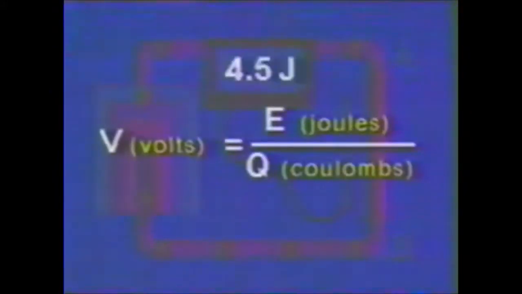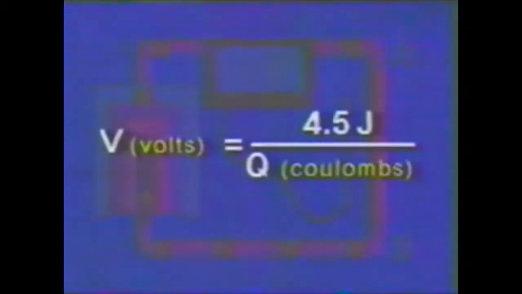Suppose in this example we find that 3 coulombs of charge flowing through the heating element cause the element to give off 4.5 joules of heat energy. We can calculate the potential difference between A and B using our equation.